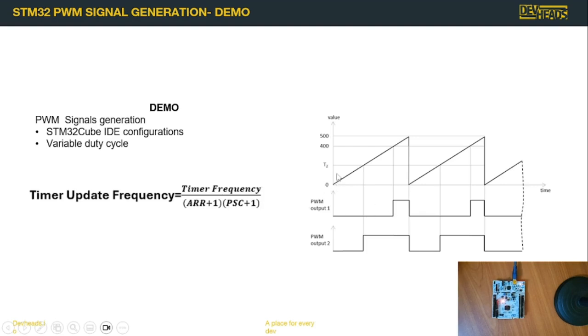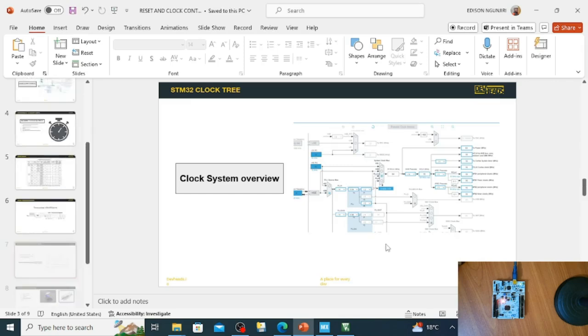So what happens is that we have the auto reload value here at maximum, and then we have the counter register incrementing from 0 to the auto reload value. Then when this matches what is in the capture compare register, then a signal is generated. So let's see how we can achieve the blinking of the LED using the PWM generation.